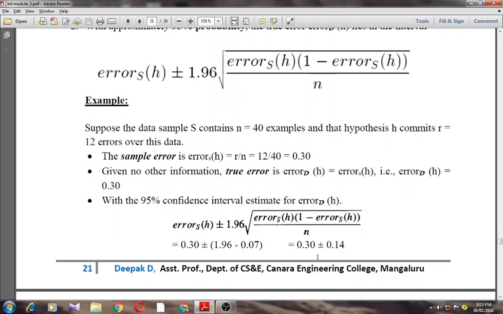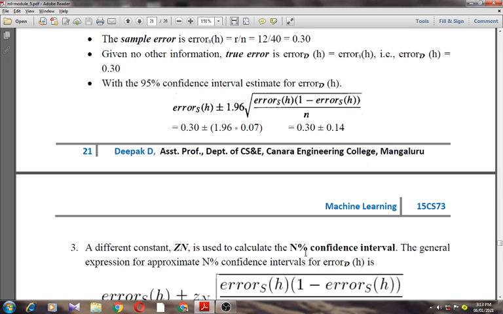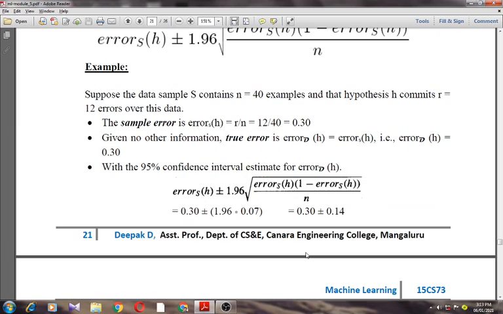Now to illustrate this, consider the data sample S contains n equal to 40 examples and the hypothesis H commits R equal to 12 errors over this data.